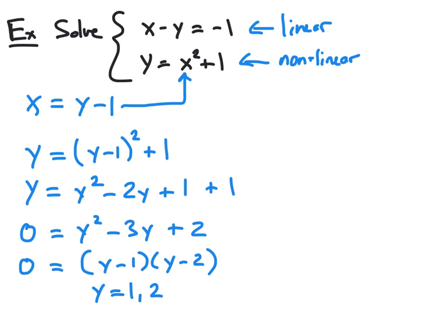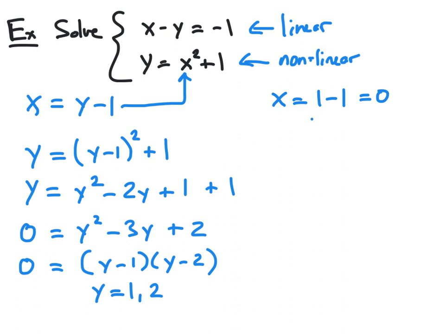So here we have two different y values for different solutions. Once we have solved for one of the variables, like y here, we can go back and substitute them into any of our equations to find x. Recall that we actually know that x is y minus 1, and so we can use that to find x for each. So if y is equal to 1, we get x is 1 minus 1, which is 0.